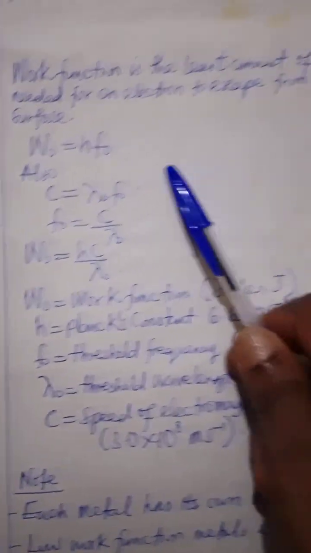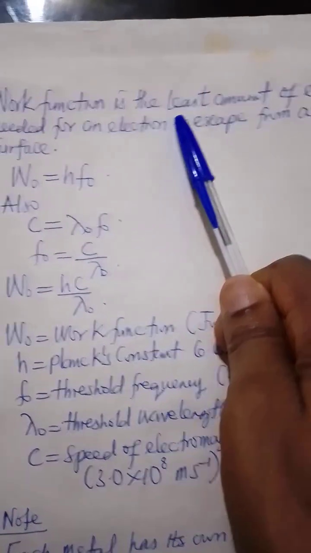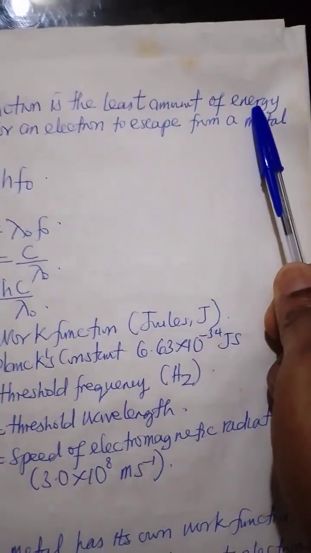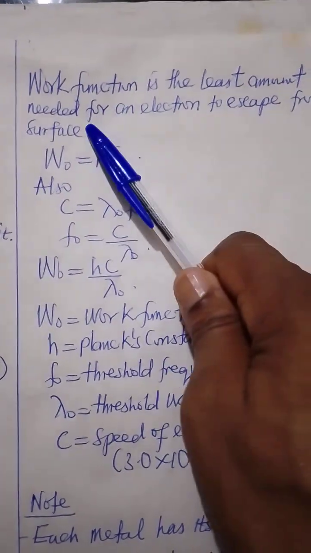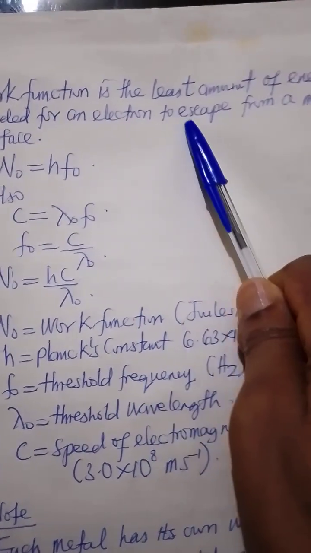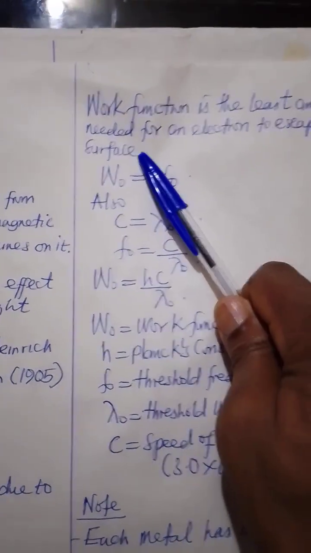That is, work function is the least amount of energy needed for an electron to escape from a metal surface.